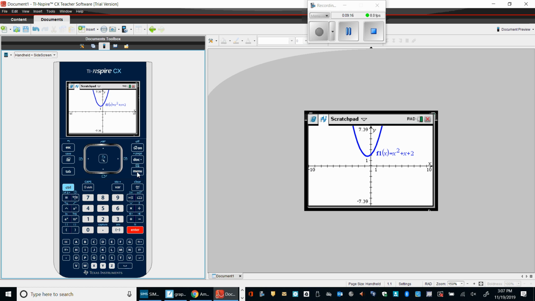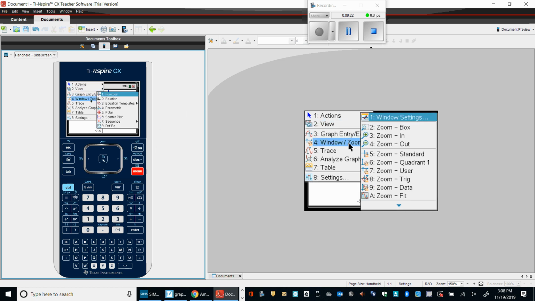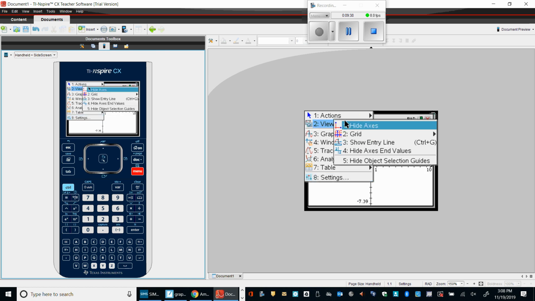If you hit menu, when you're in this, you can change the axes, you can zoom in and out for a start. So window zoom. You can change whether you see the axes or not. You can see the grid lines or not.